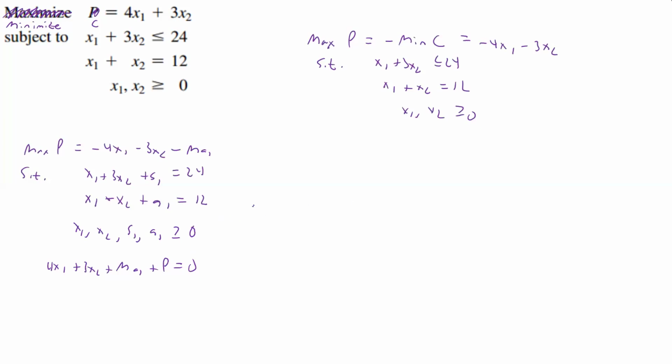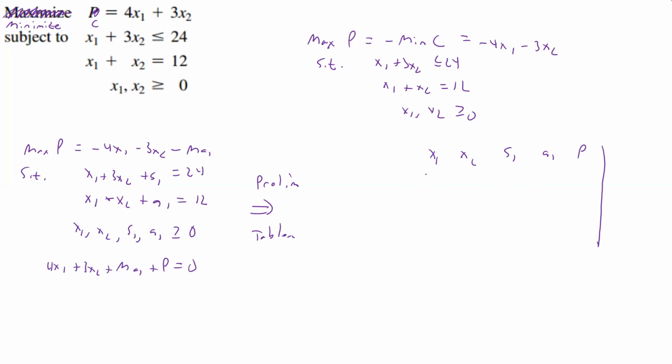So our preliminary tableau is going to be what? Well, we're going to have x1, x2, then we have s1, then a1, then P. And again, we're not going to put anything over here because we don't know what we have. We know we have an a1, it's going to have M in it.